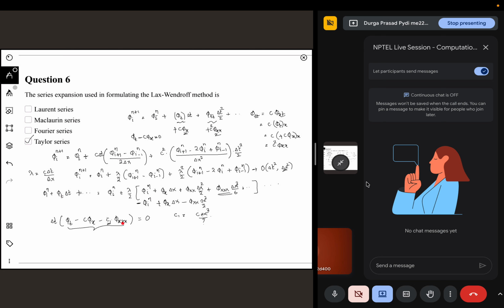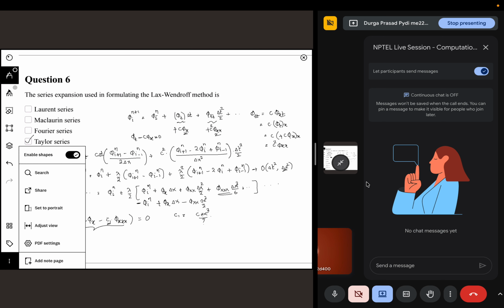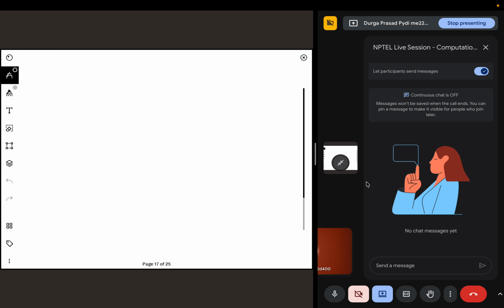So what does this mean? Let's say I do the same analysis as before. We have phi t minus c times phi x. This is the original equation, but because of the way I am discretizing, I am ending up with a new term, c1 phi triple x equal to 0.